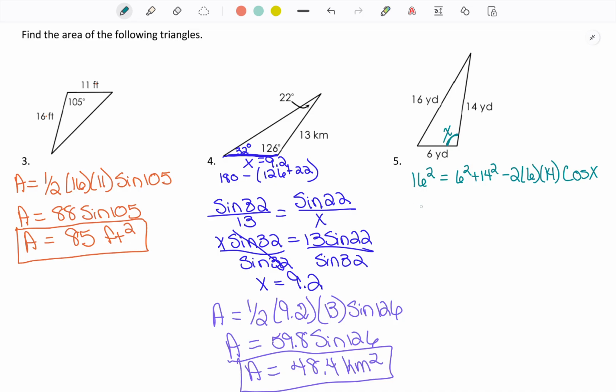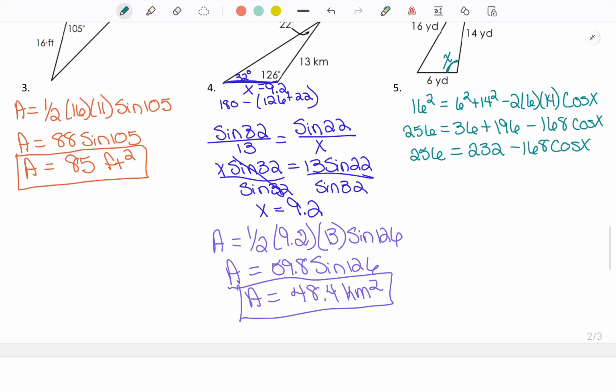Then 16 squared is 256 equals 36 plus 196 minus, let's see, 2 times 6 is 12 times 14 is 168 cosine x. 256 equals, let's see, add those together, you get 232 minus 168 cosine x. And subtract your 232, that leaves you with 24 equals negative 168 cosine x.